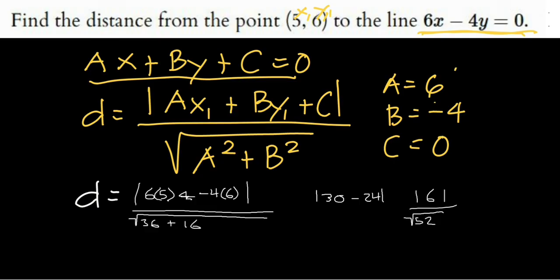Yes, but you can reduce or further simplify square root of 52. 52 can be written as 4 times 13. So you can simplify it further. And 4 is a perfect square, so square root of 4 is 2. So this would just be 6 over 2 square root of 13.